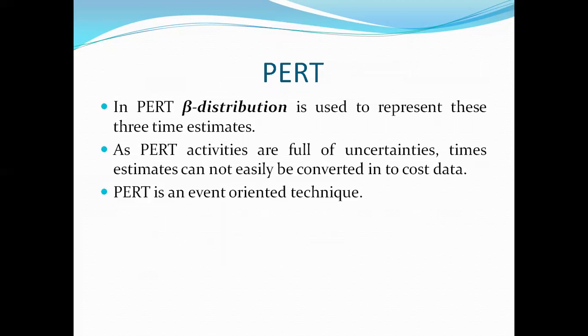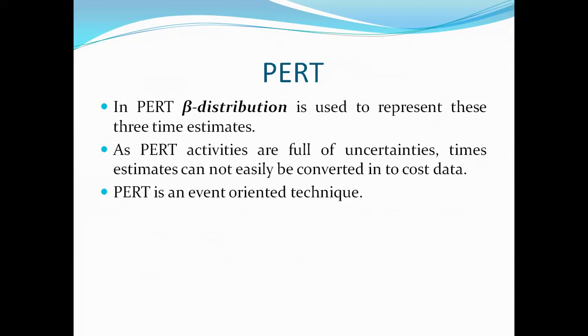Now basically the PERT beta distribution is used to represent these three estimates. So the beta distribution can be used to determine these three times, namely optimistic time, most likely time, and pessimistic time. As PERT activities are full of uncertainties, time estimates cannot easily be converted into cost data. Whenever it is probabilistic in nature, the time estimation cannot be determined precisely.